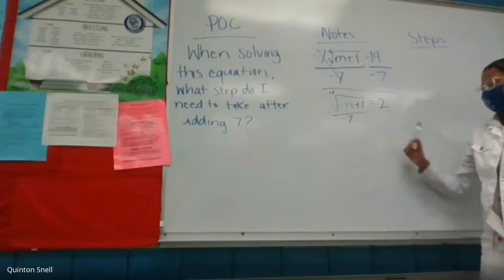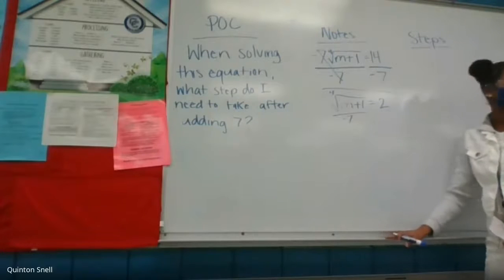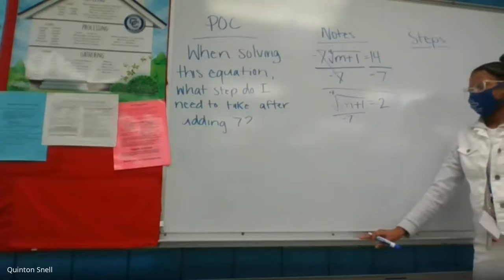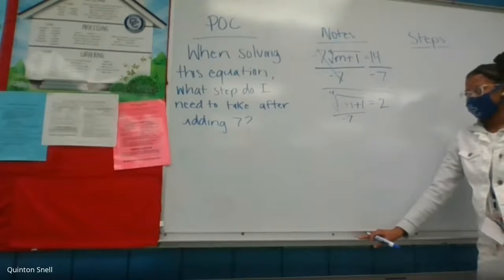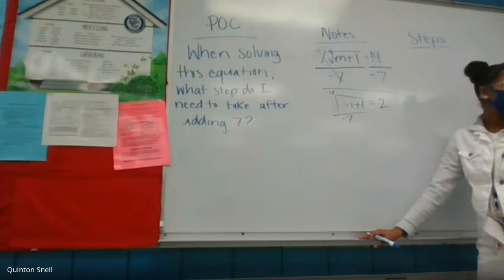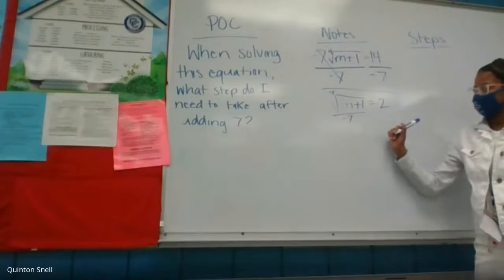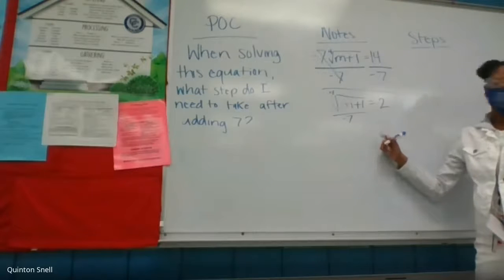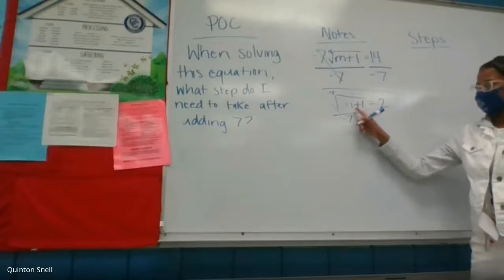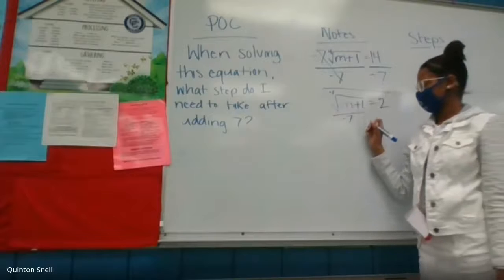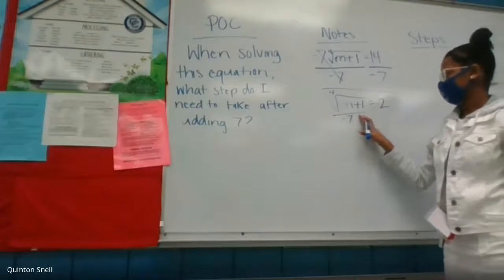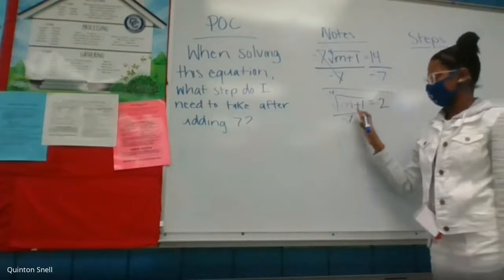Since it's being divided, you're going to want to try to multiply now. So you put your first thing in parentheses and the second one in parentheses. Like the radical and -7. Because you're going to multiply each side by -7 to cancel that -7 out. So, multiply top and bottom, basically.